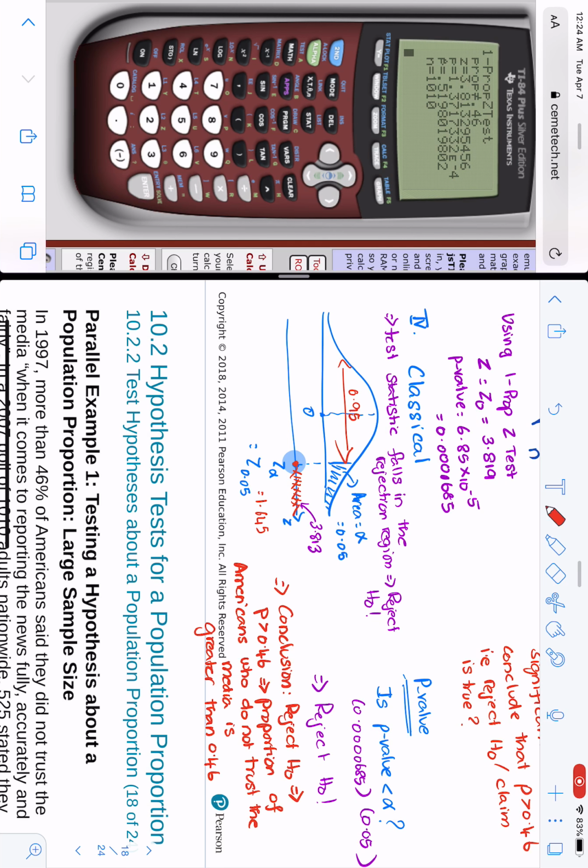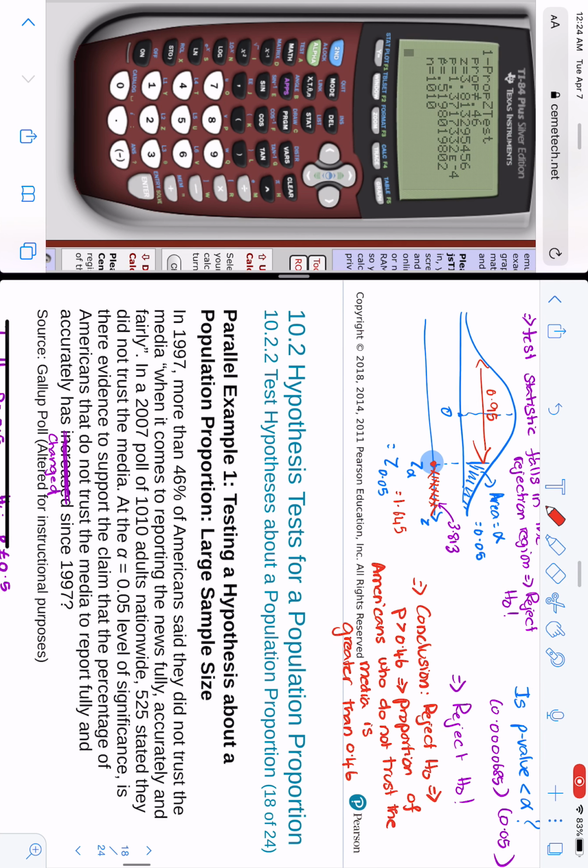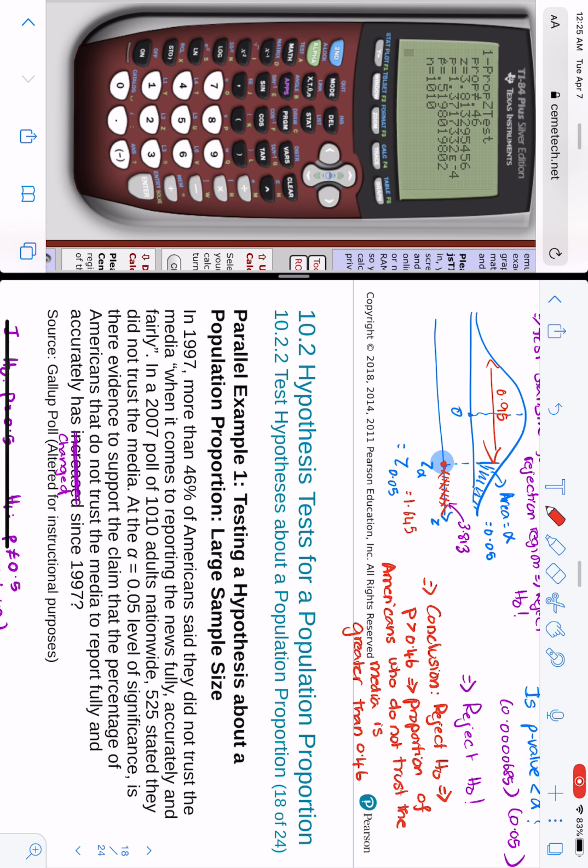That was our conclusion with the right-tailed test. We reject the null and say it is greater than 0.46. Well, if it is greater than 0.46, since 1997, that was the original proportion, then it changed, and it changed to a value greater than 0.46.